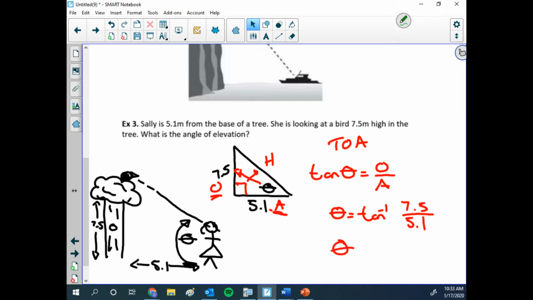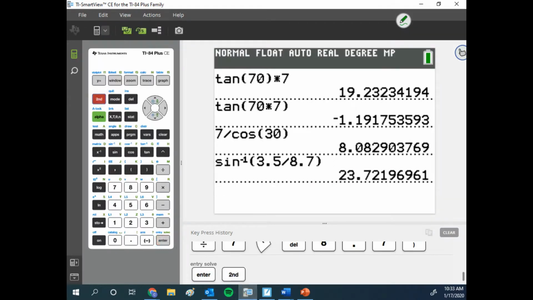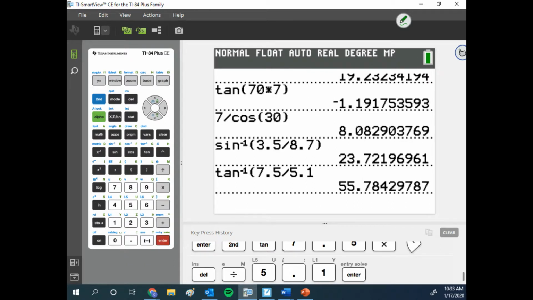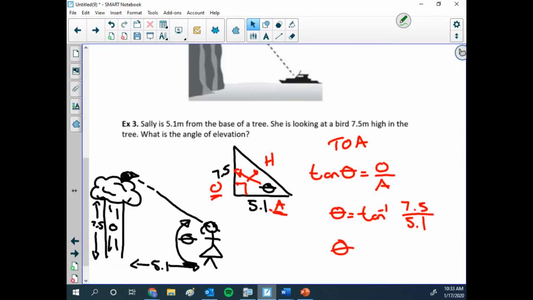I'm trying to find an angle, so I have to use that reciprocal trig ratio, tan to the power of negative 1, and divide those two numbers. If I put that on my calculator, second of the tan, I get tan negative 1 of 7.5 divided by 5.1, I get 55.8. So 55.8 degrees.